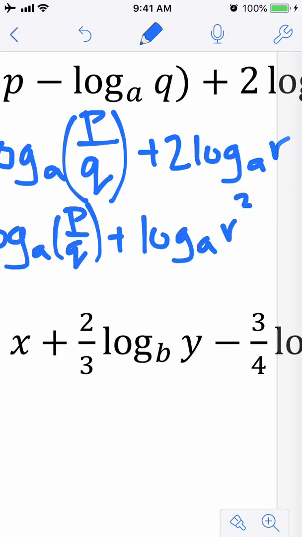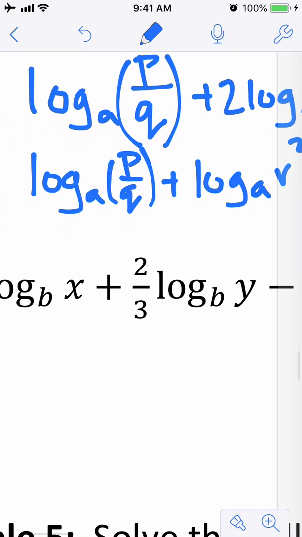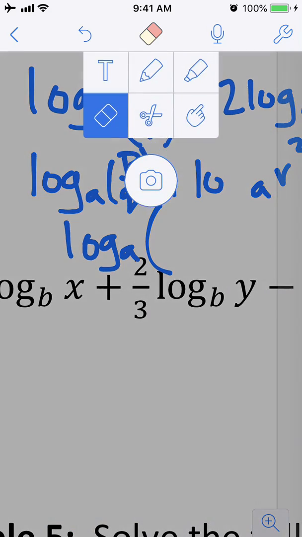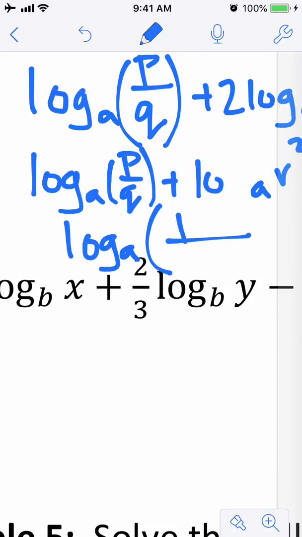And lastly, now I have an addition of 2 logs that have the same base, right? So I can multiply the arguments together, the inside. And I get log a of p over q times r squared. For simplification, you can also just put that r squared up top.